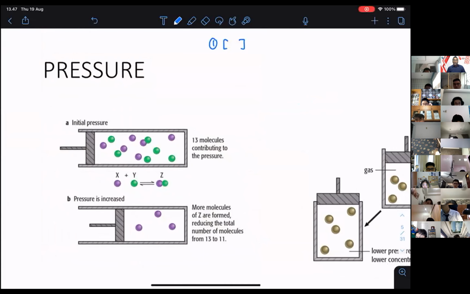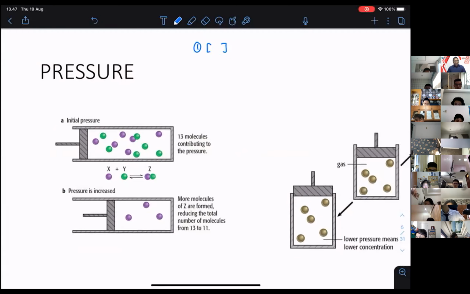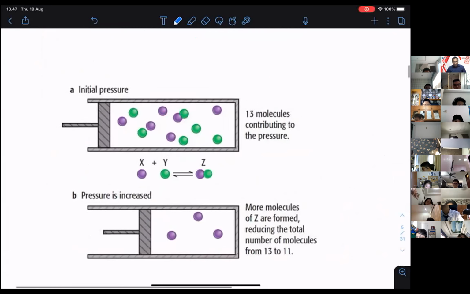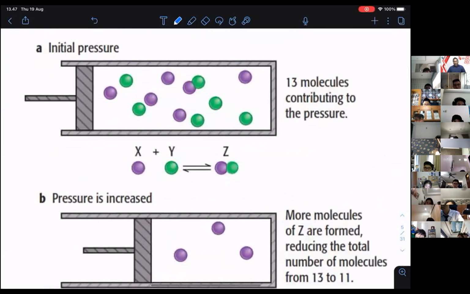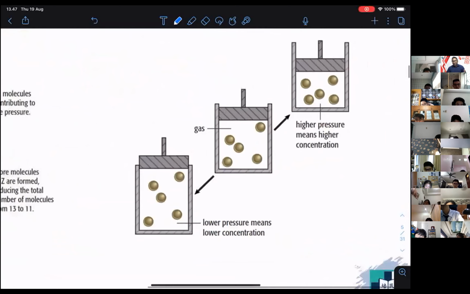Now next, first I have covered concentration. Second is going to be pressure. Whenever we talk about pressure, I think students kind of understand how to apply it. But some of the students are still confused about why less number of molecules, why more number of molecules and so on. To understand that, you need to also see here.